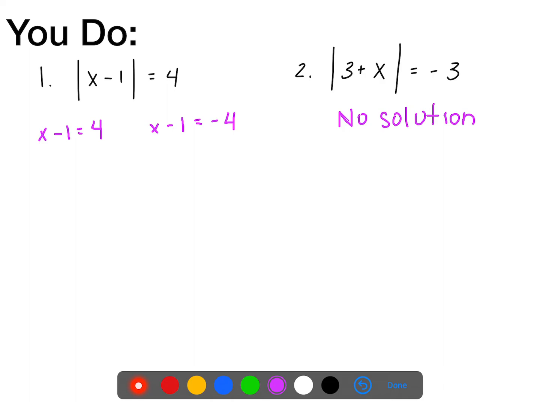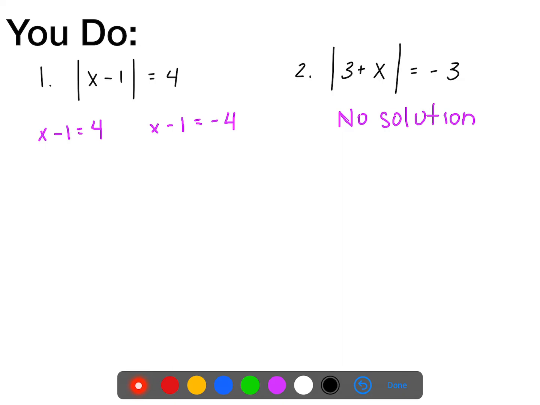But because in this first one I got rid of the absolute value signs, I can have a situation where my equation equals a negative, that's totally fine. I just can't have the absolute value symbols equal a negative. But I got rid of the absolute value symbols, so it was okay for me to write this first equation, x minus 1 equals 4, and the second one, x minus 1 equals negative 4.